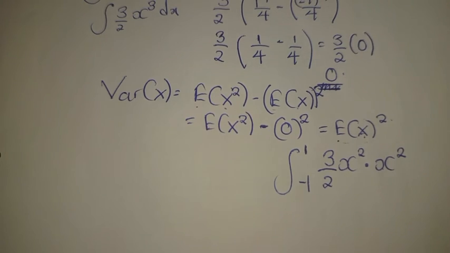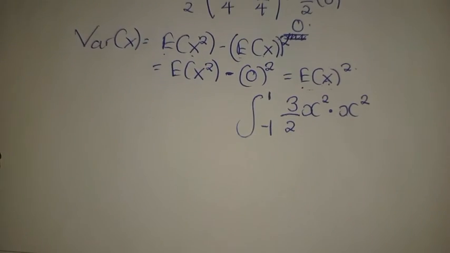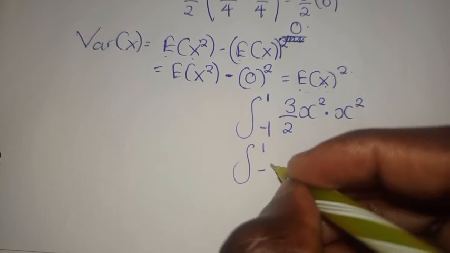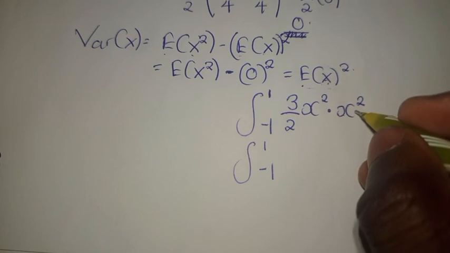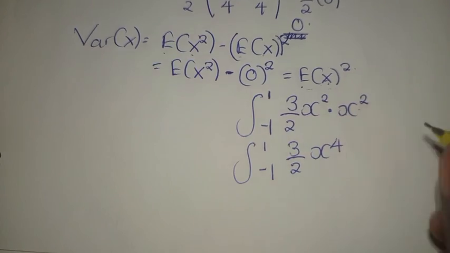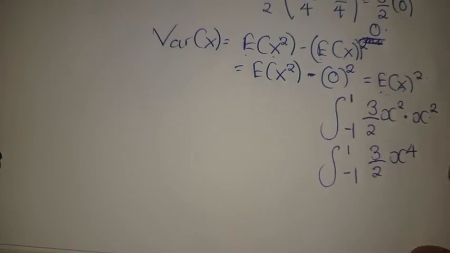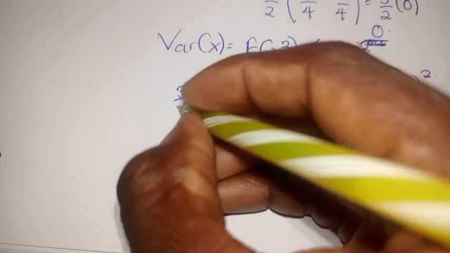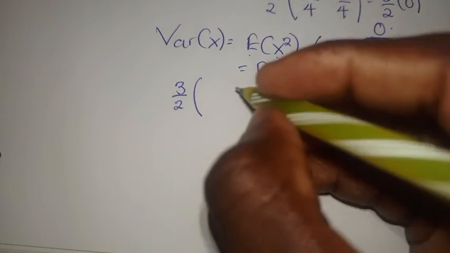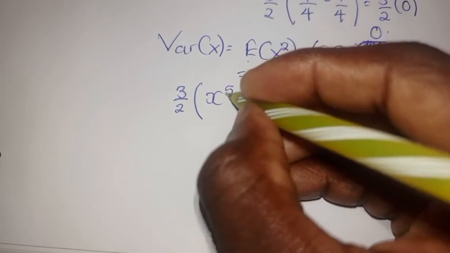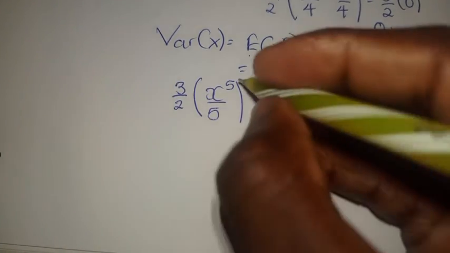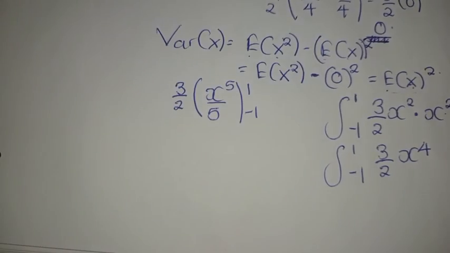So take note of the difference between the variance and the mean. So we have the integral from -1 to 1, where this becomes x to the power 4. You can factorize the 3/2 to be outside the integral, and the integration of x to the power 4 is x to the power 5 over 5, where now we have the limits 1 and -1.